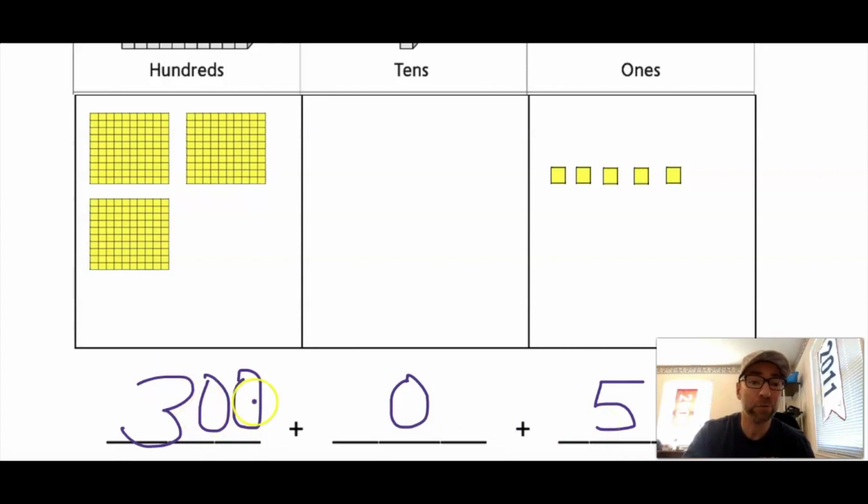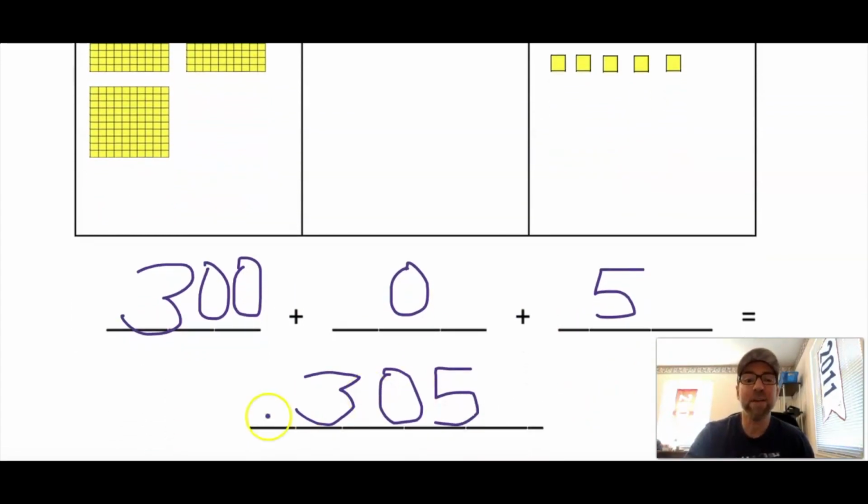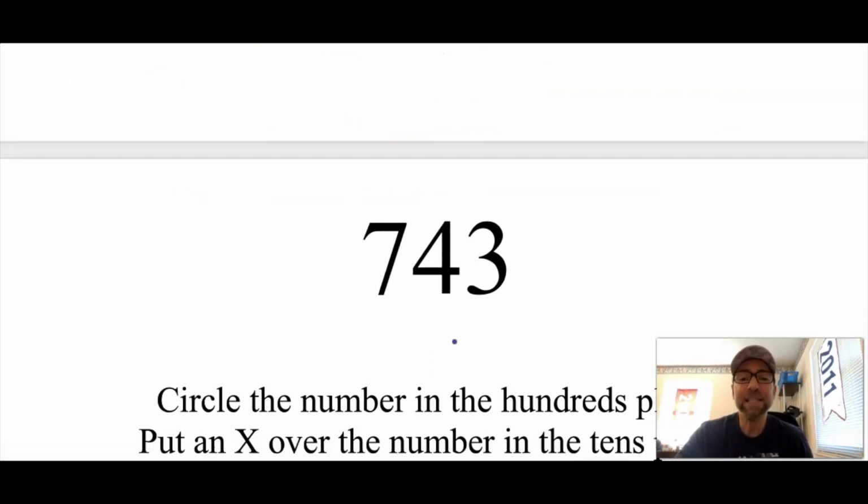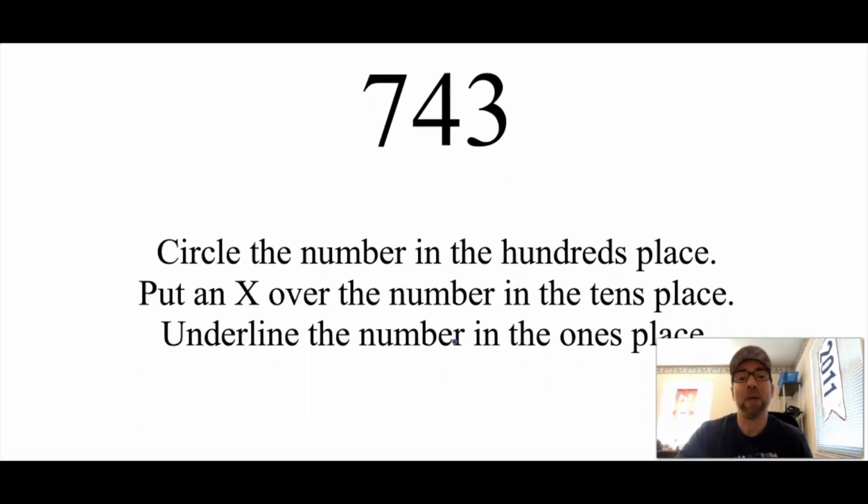Well, we can listen to it. 305. So I had to write the number 305. 3 flats, 0 longs, 5 cubes. 305. Awesome job.